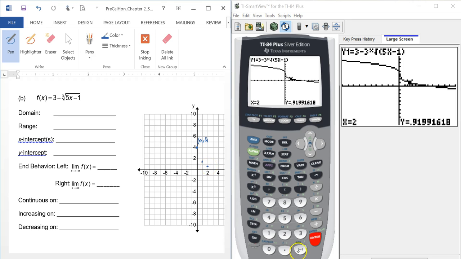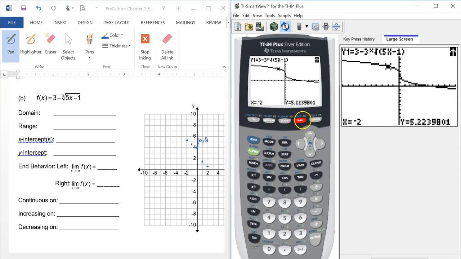At x equals -1, it's 4.8. And at x equals negative 2, it's at 5.22. Now, an important point that you also want to include absolutely is the zero.